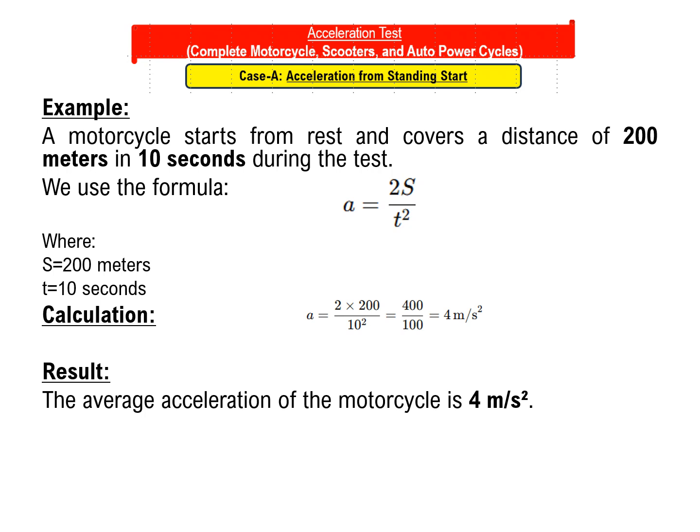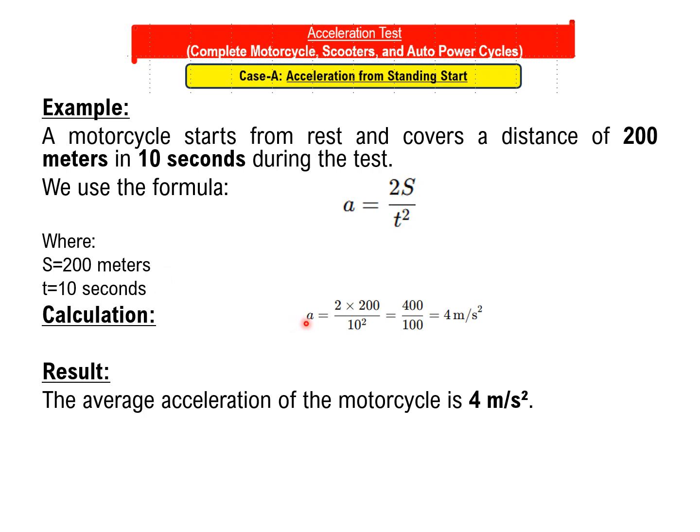For example, a motorcycle starts from rest and covers a distance of 200 meters as specified before in 10 seconds. During this test, we use the formula A = 2s / t², where s in this case is 200 meters and t is 10 seconds.